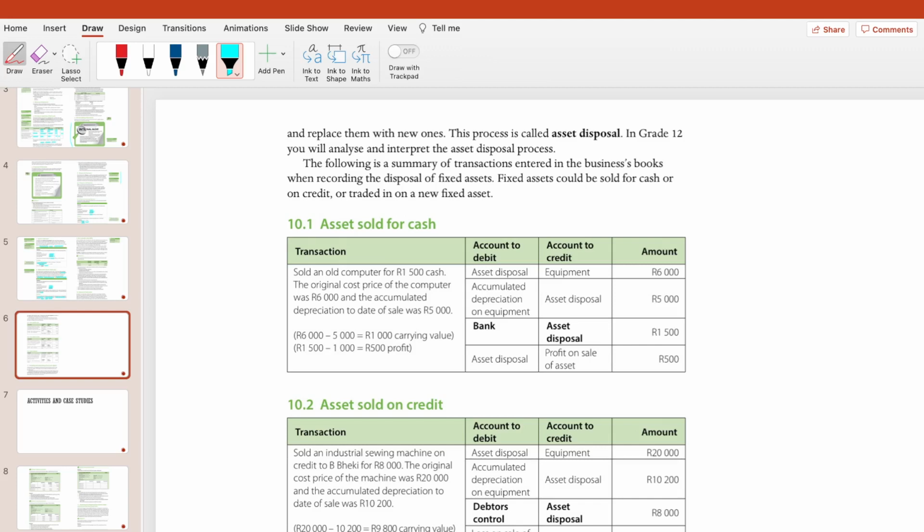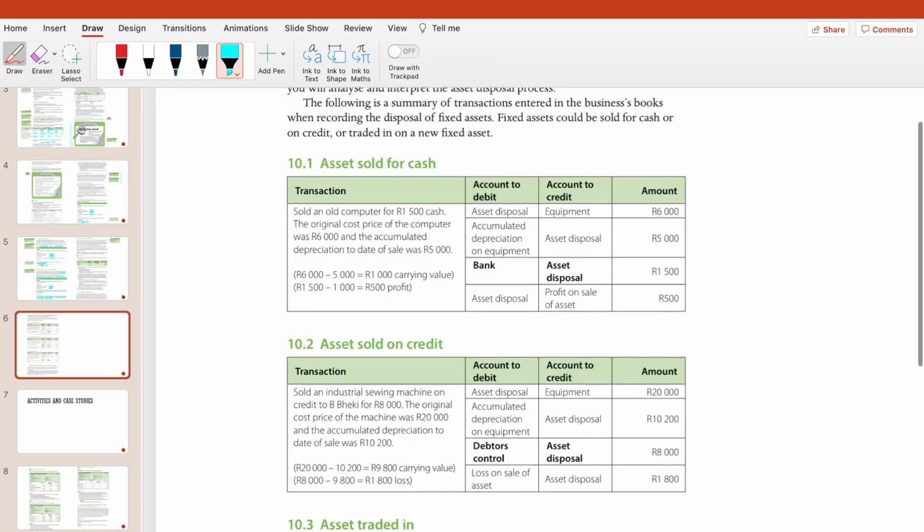So here's a summary of it. We see here the asset sold for cash: we sold an old computer for 1,500 Rand cash, the original cost price was 6,000 and the depreciation was 5,000. So we will debit our asset disposal account. We will credit our equipment account with the 6,000 Rand, the original value. Then we will debit our accumulated depreciation account, and we will credit our asset disposal with the 5,000 Rand.